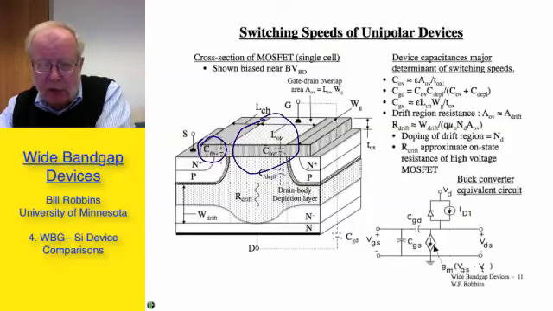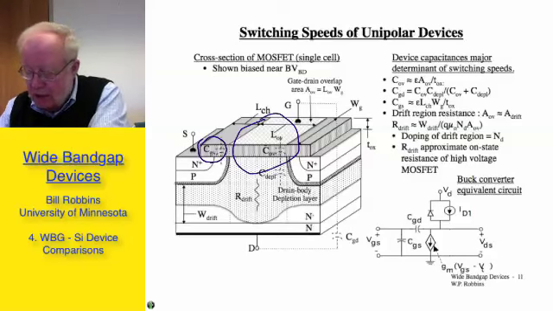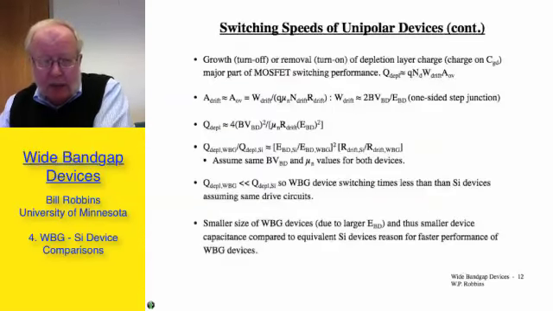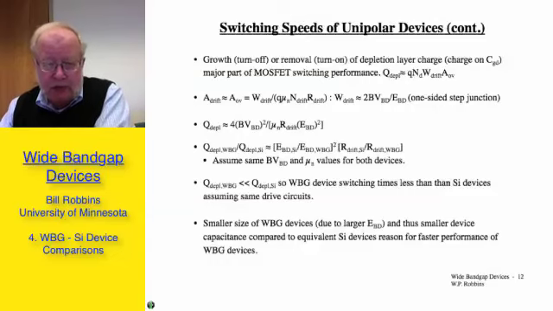Well, perhaps this is a little bit too detailed for a qualitative discussion like I'm having here, but if you do follow through the analysis that I'm doing, I'm going to key principally on what the depletion layer capacitance is doing and the depletion layer charge. If I go on to the next slide, it continues this discussion, and it talks about the growth of that depletion layer charge during turn off, or its removal during turn on.